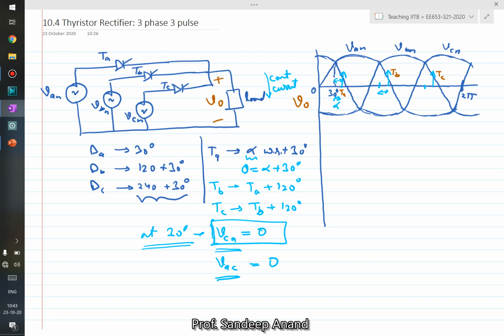TB and TC are not fired yet. So among these three, TA is at the highest potential, so TA will start conducting, and it will continue to conduct till TB is fired, and then it will be VB, and it will continue to conduct till TC is fired, and then it will be VC. This is how the output voltage waveform would look like in this case.